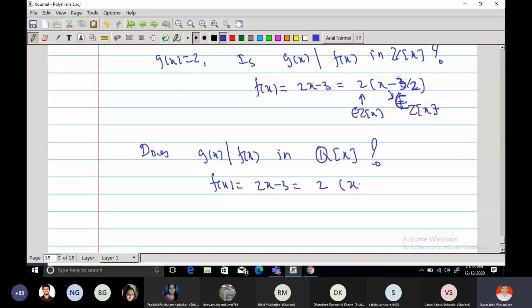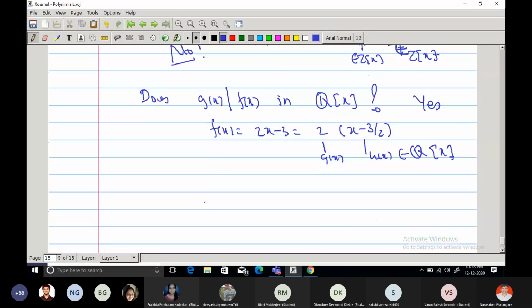This is my g(x), this is h(x), and h(x) is clearly a member of Q[x]. So both factors exist in polynomials with rational coefficients. So it is possible to have factors in Q[x]. In this case the answer is yes; in the other case the answer is no. So from this example, it should be clear what I mean by divides in Z[x], divides in Q[x], or divides in R[x].